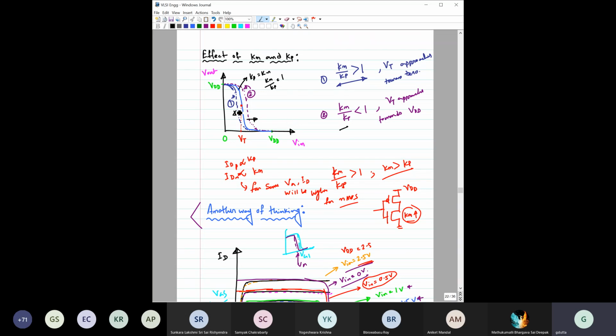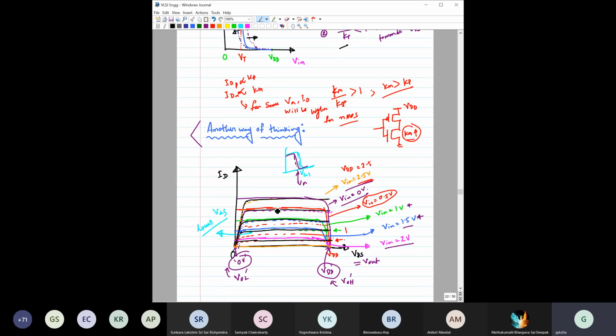That way we can control the switching threshold, and we also explained this from these characteristics, the basic graphical way to get the VTC, to get some physical understanding of why this is happening.